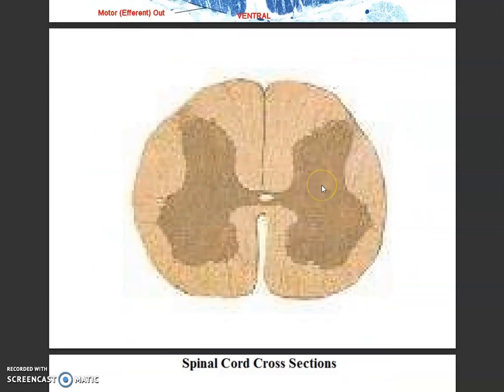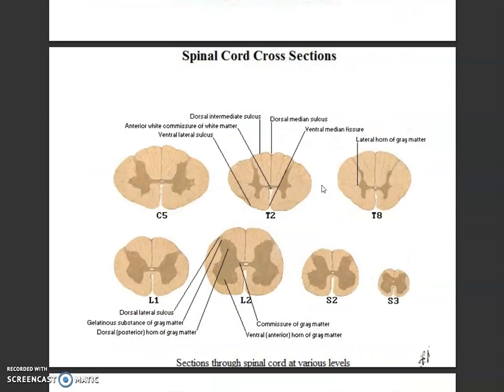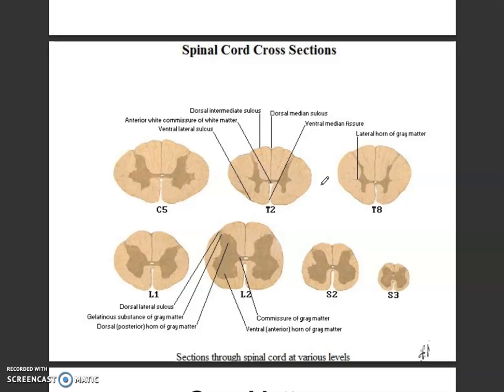Okay. So we're going to move forward. There are different sections of the spinal cord, as you can see, as we move from cervical to thoracic, then lumbar, and then sacral. The spinal cord is getting shrunken. It is quite big at the start, and then it keeps shrinking toward the end. As you can see, it is labeled here.